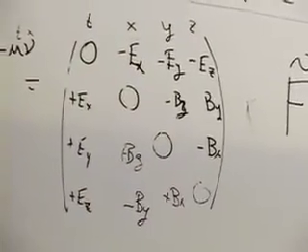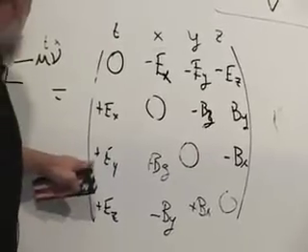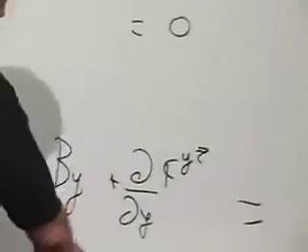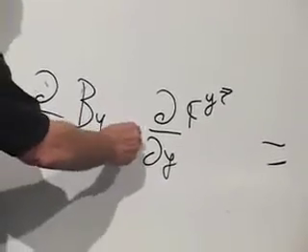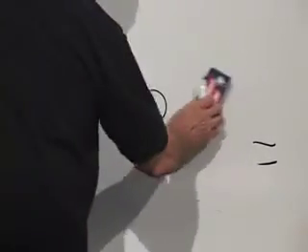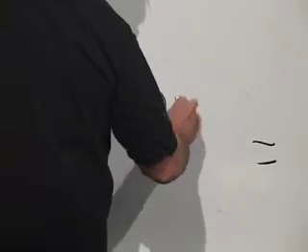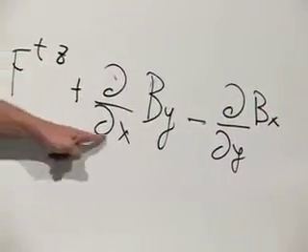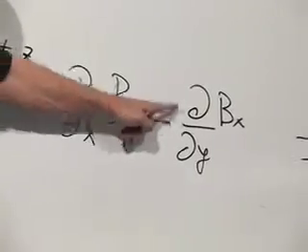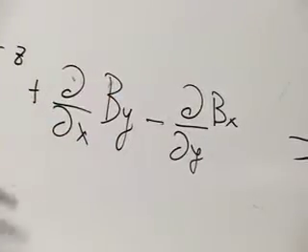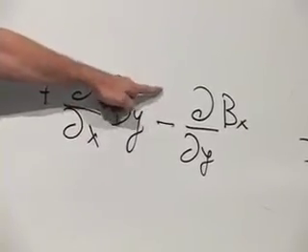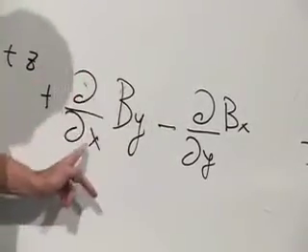For that, we go to the y row to the z column, and that's minus B sub x. So that gives us minus B sub x. Well, that's looking good. This is d by dx of B y minus d by dy of B x. This looks very much like a piece of the curl of B. And that's what it is.